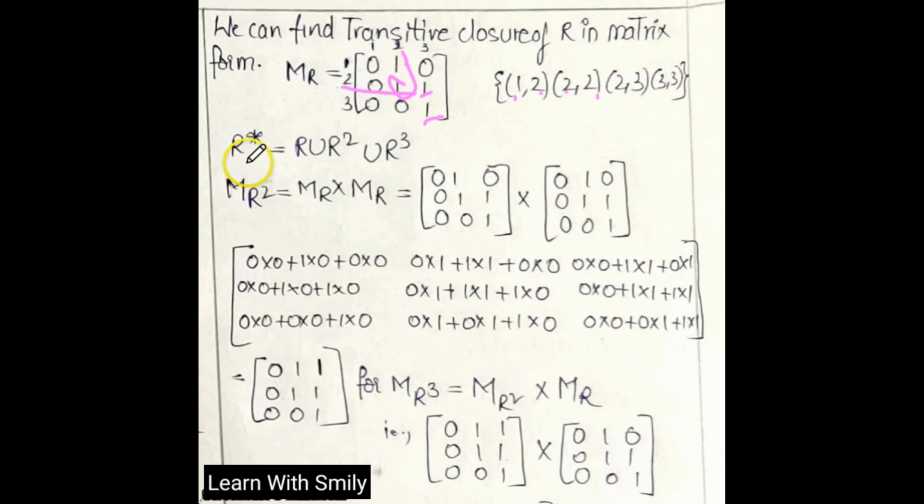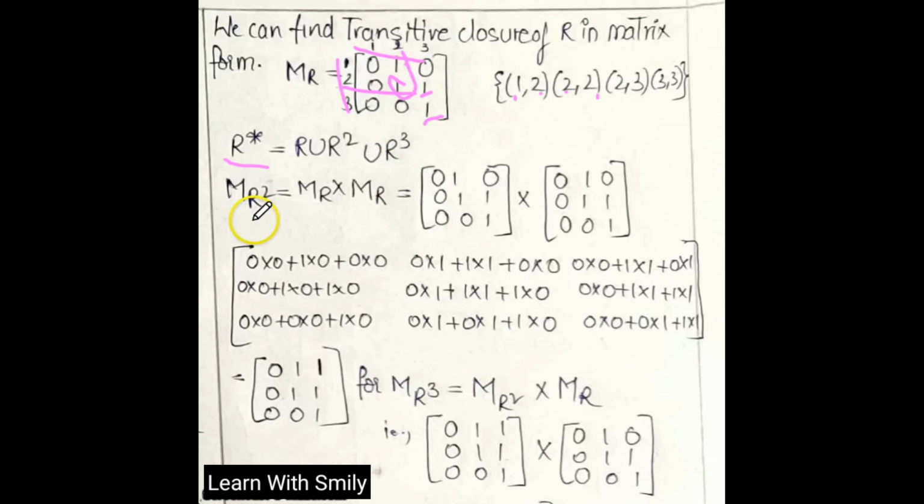Now we write R star equals this matrix, the connectivity relation we are computing here. We have 3 rows and 3 columns, and that's the reason we go up to 3. Got it?